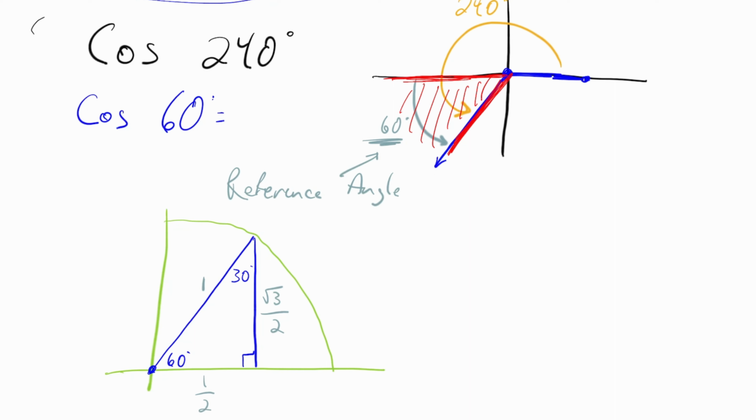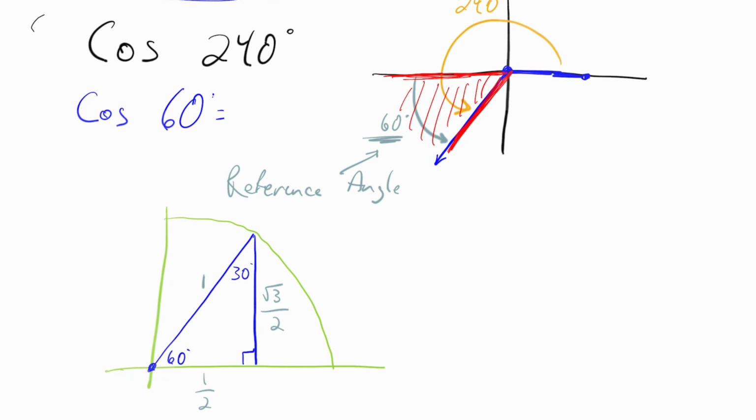Great. Let's get the cosine based on standing in a triangular room in the 60-degree corner. Okay, yeah. So cosine is adjacent over hypotenuse, which would be 1/2 over 1. Be 1/2. Great.